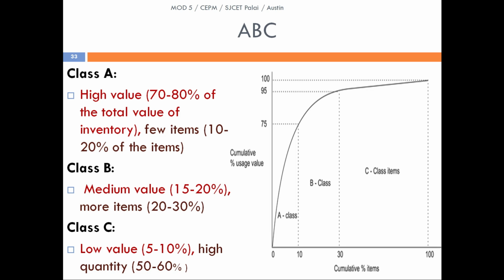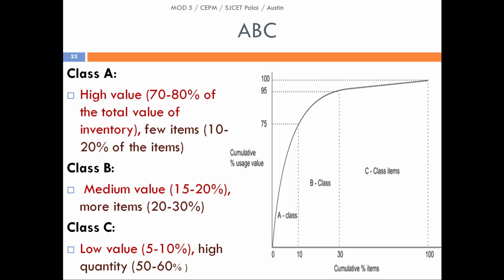We can see this A, B and C distribution everywhere, in different countries and different companies. So this is being explained in the case of ABC. If we look at this graph, we see the x-axis with cumulative percentage of items and the cumulative percentage of usage value on the y-axis.